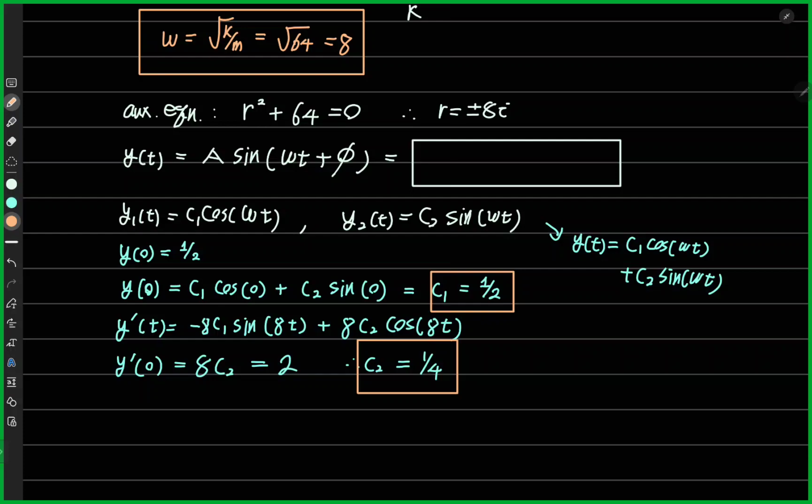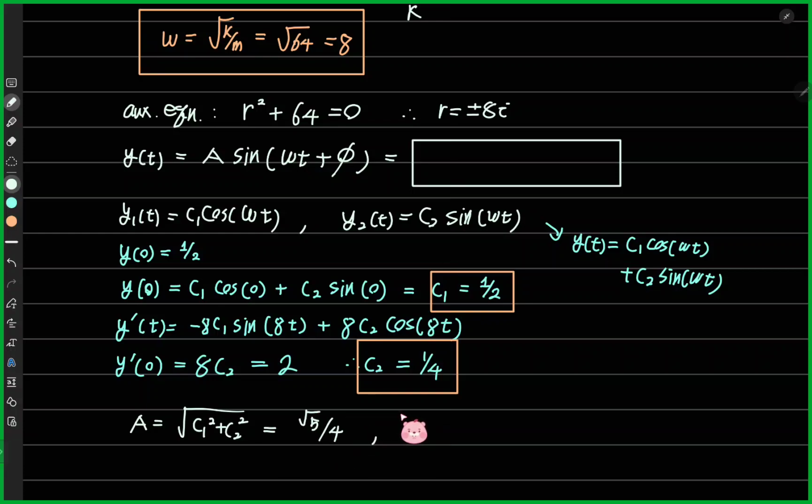Okay, now we are ready to find A, omega, and phi. So here A is the square root of c1 squared plus c2 squared. So this is going to be square root 5 over 4.